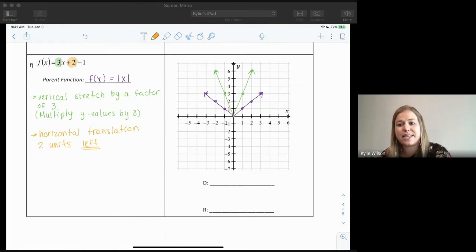So now let's take all those green points and move them 2 to the left. There we go. So my green little triangle is moved over to the left.